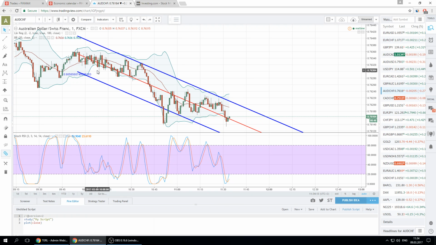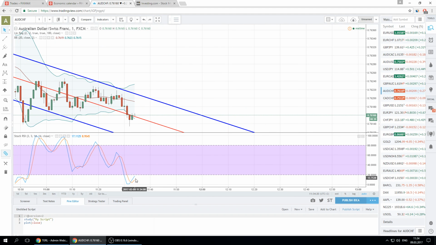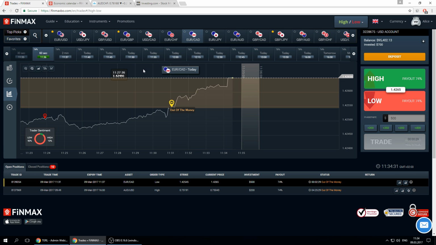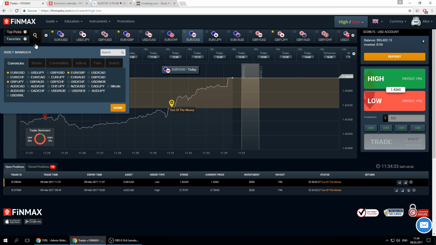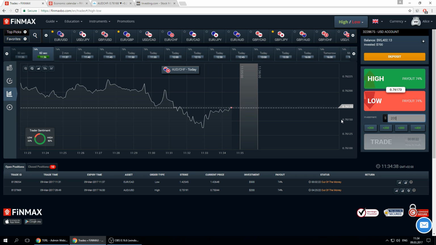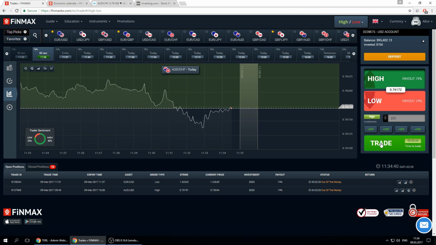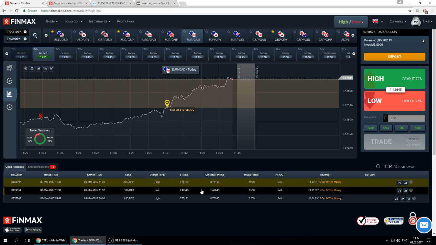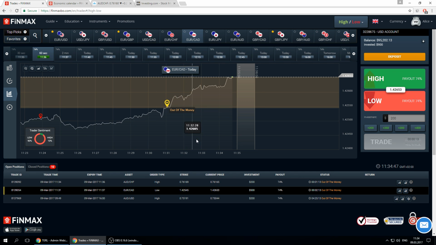Australian dollar to Swiss franc. Yes, we probably. Well, not a good enough situation, but okay. Here 2 minutes left, and the market keeps going up.